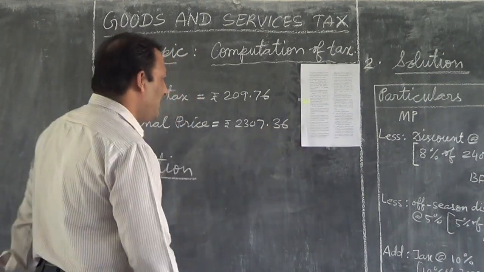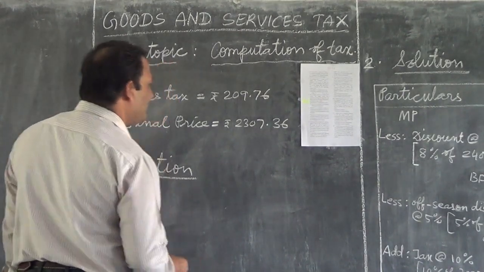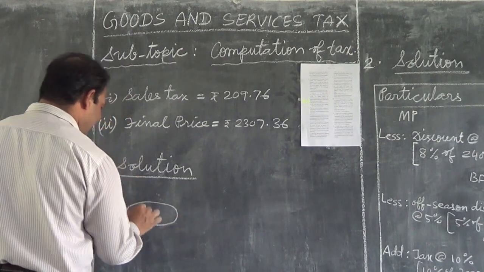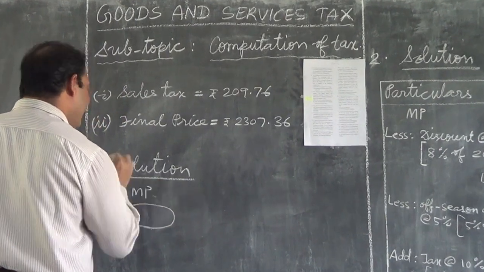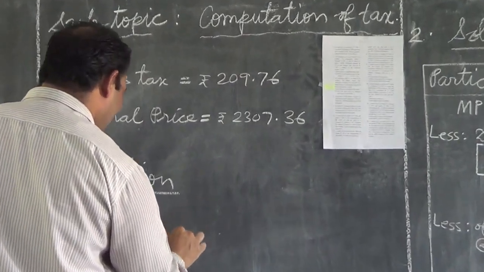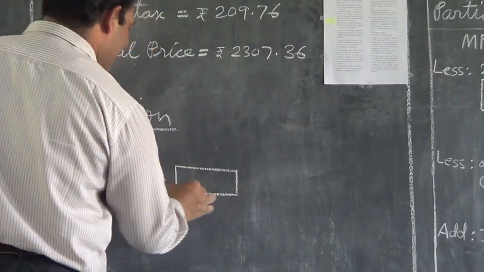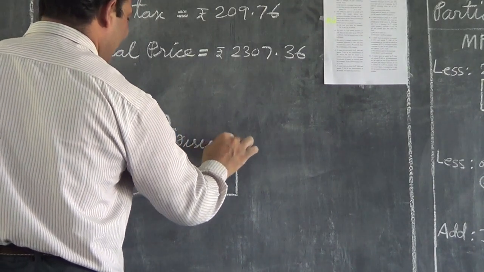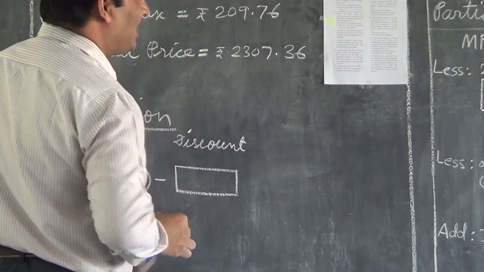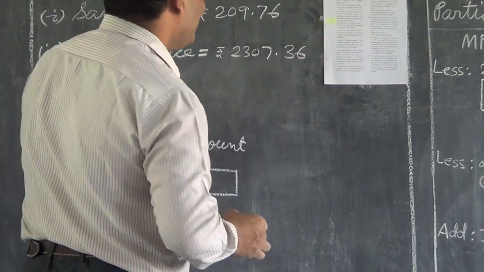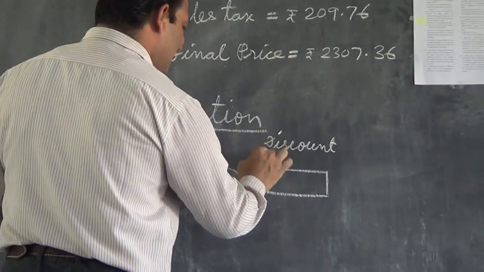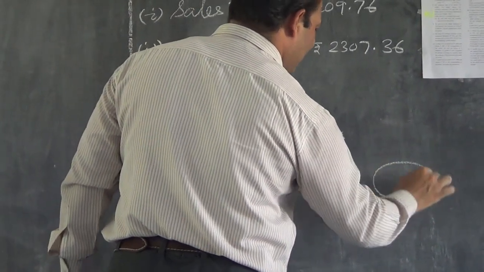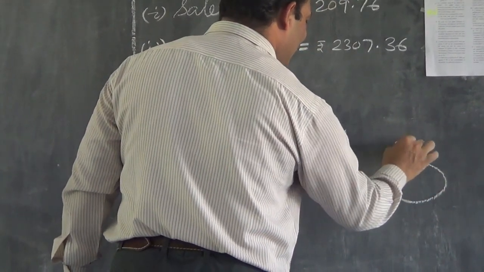The price of a cell phone inclusive of discount and sales tax. So here I will write MP, and from the MP the discount will be subtracted. Discount at what percent, children? Read the question: discount at 15%, and that will give the selling price.